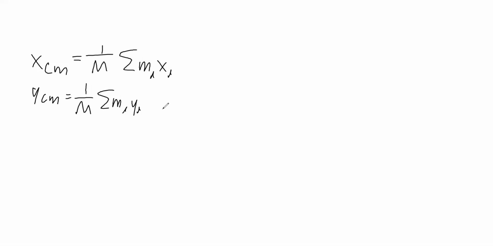Here's a quick little example. I'm going to call this thing a widget, and we're going to use it several times in calculations. It's a triangular shape: a 100-gram mass on the left, 200 on the right, and 300 up top.